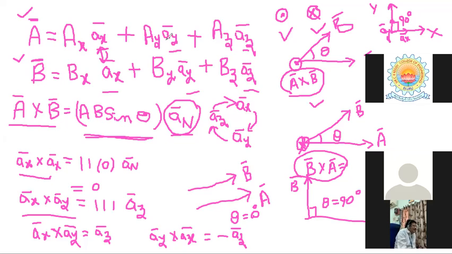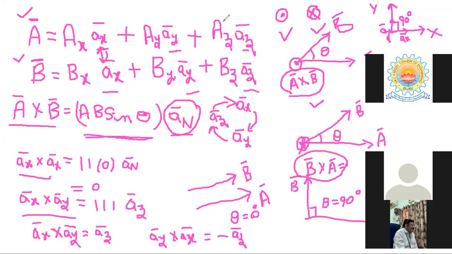Like that, if you take ay bar cross ax bar, you will get minus, that is minus BxAy, and similarly this one you will have this product as 0.